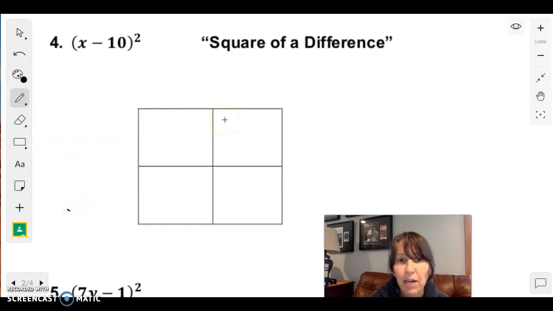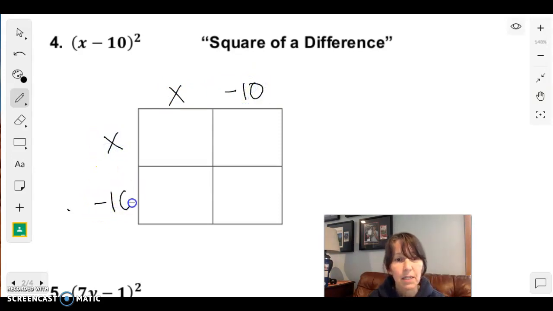So our second pattern is called the square of a difference. So we've got a difference in our parentheses instead of a sum this time. So if we look at this in our area model, we would have an x minus 10 and an x minus 10.